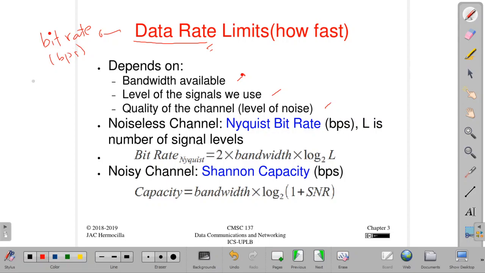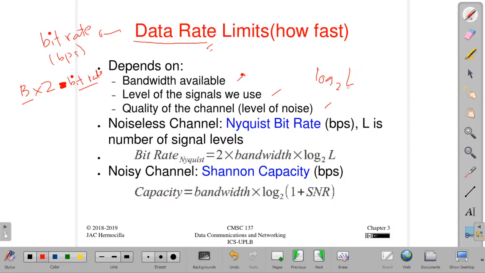In the previous computation, if you are given a bandwidth B, then we multiply that by 2 to get the bit rate. So essentially these are directly proportional. Levels of signals we use, remember that we can represent log 2 L, where L is the number of levels.